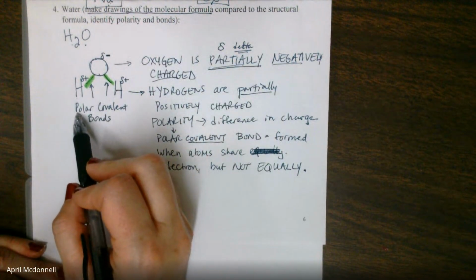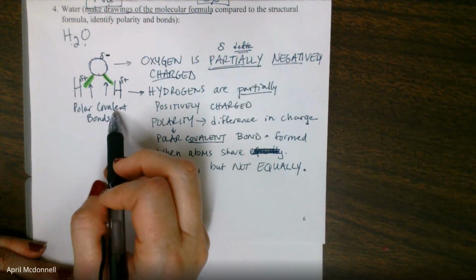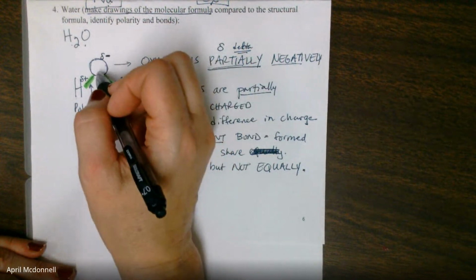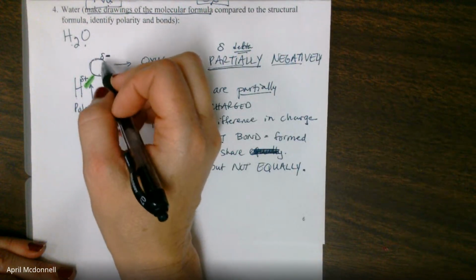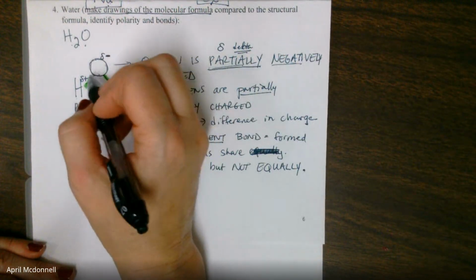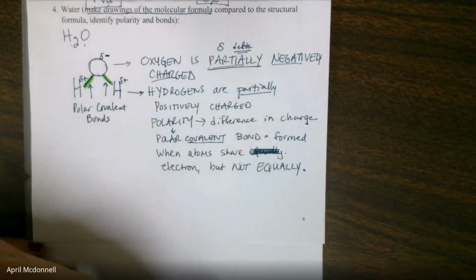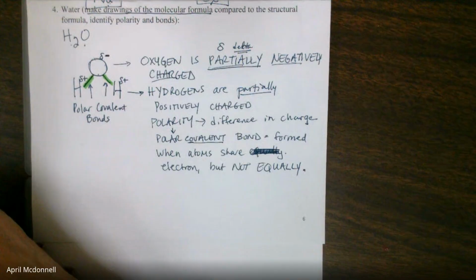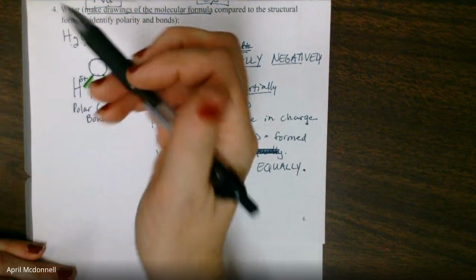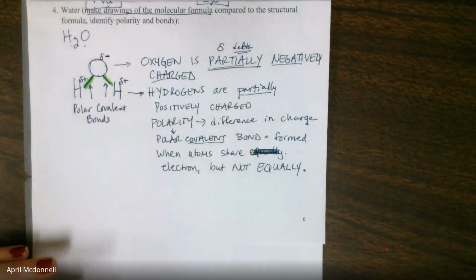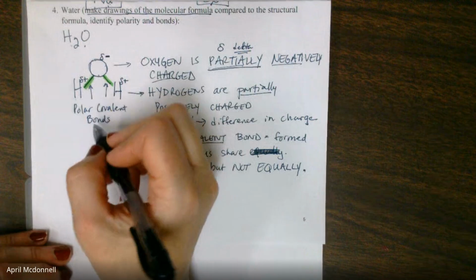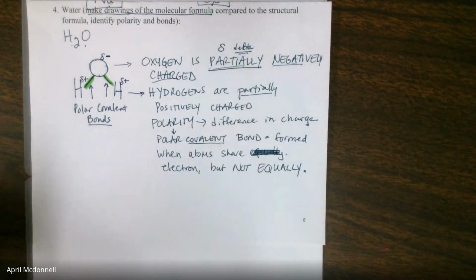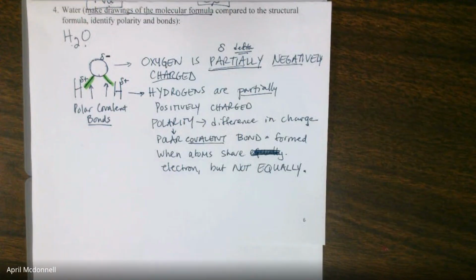And a polar covalent bond is a bond that occurs when atoms share electrons, but they do not share electrons equally. So they're kind of playing a tug of war with electrons, and oxygen is kind of winning, but not totally. I want you to keep in mind that a bond is a force of attraction between two atoms that keep them connected together to form substances or molecules.